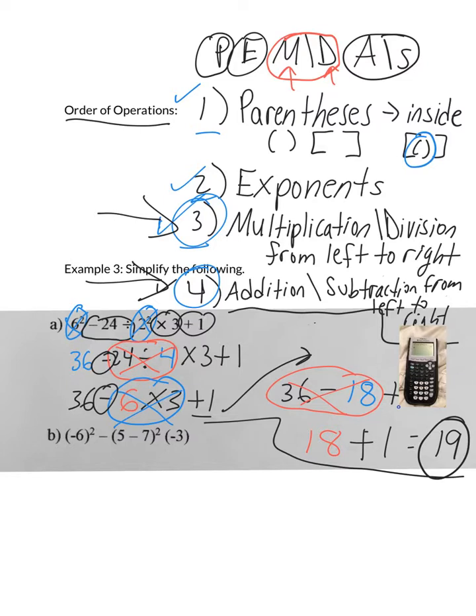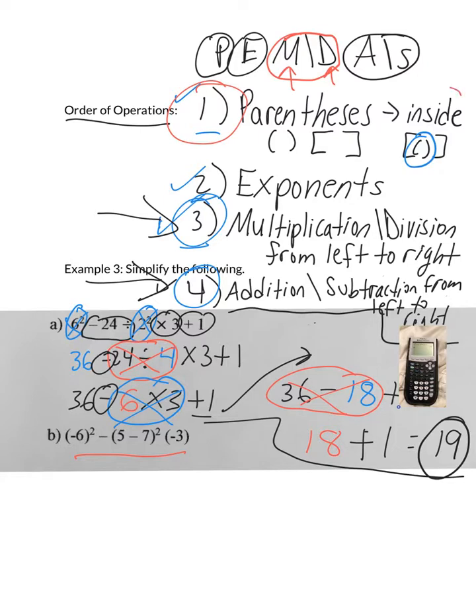All right, let's try B. Looking at part B, again, order of operations. We're going to start with step 1, which is parentheses. Even though I literally see 3 sets of parentheses in this question, what I mean by parentheses is, is there something besides just one number inside parentheses?